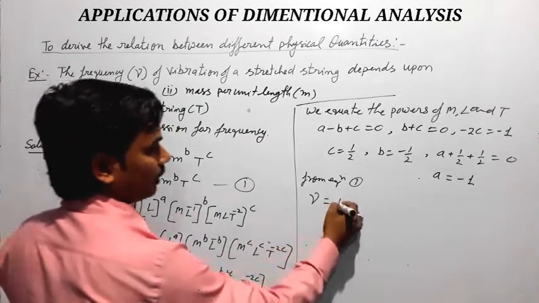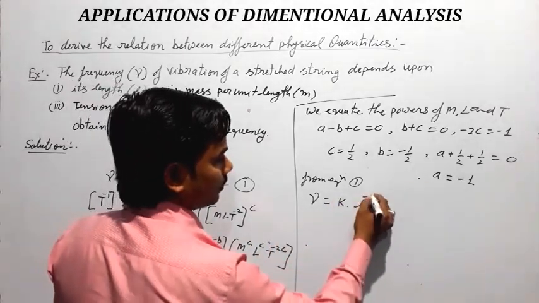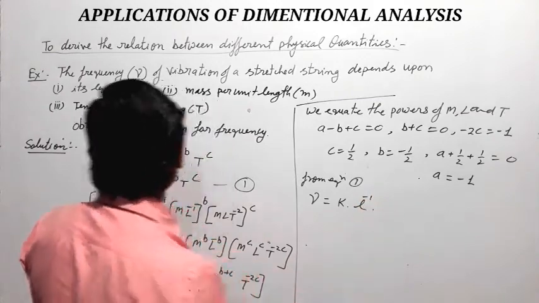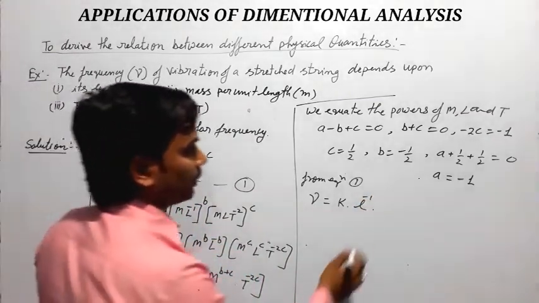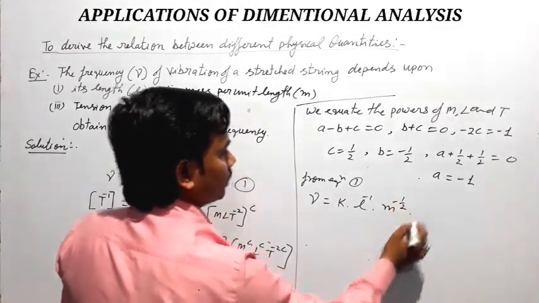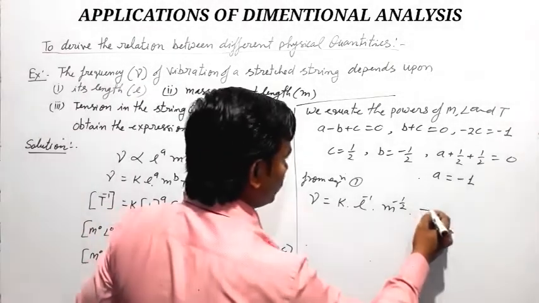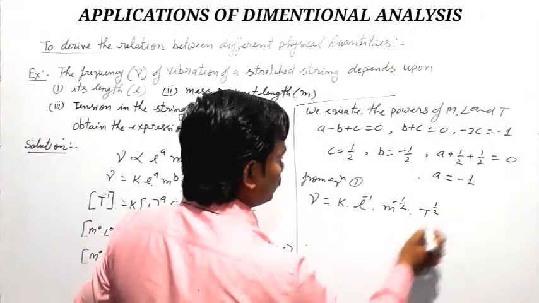So from equation 1, this will be K, and the value of a is minus 1, so L to the power minus 1 into M to the power b, and the value of b is minus 1 by 2. Now there is T to the power c, so this will be T to the power 1 by 2.